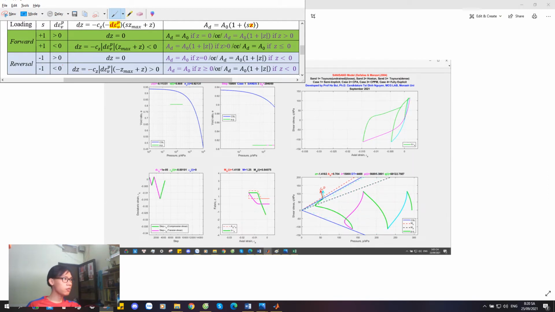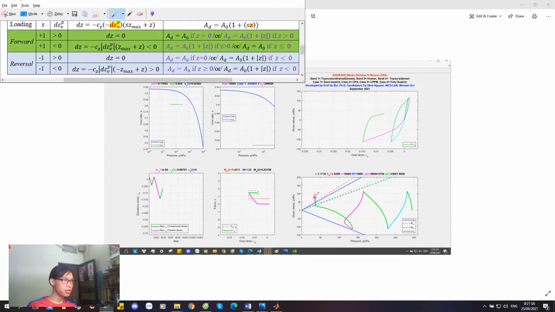The first time when the sum VB is positive, we have dz equal 0 because the epsilon VB in this formulation is positive, so dz is equal 0. But our Z is still positive because of the previous stage. So that's why Z is positive, and X is positive too.